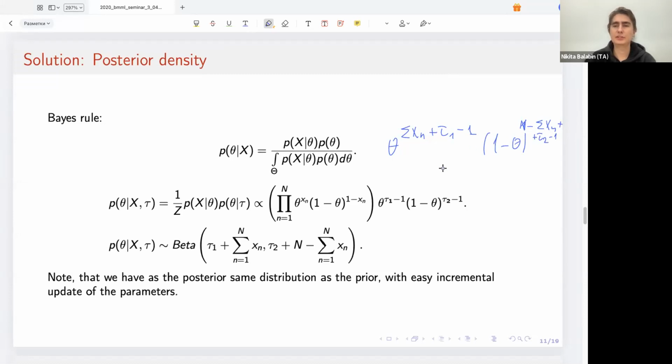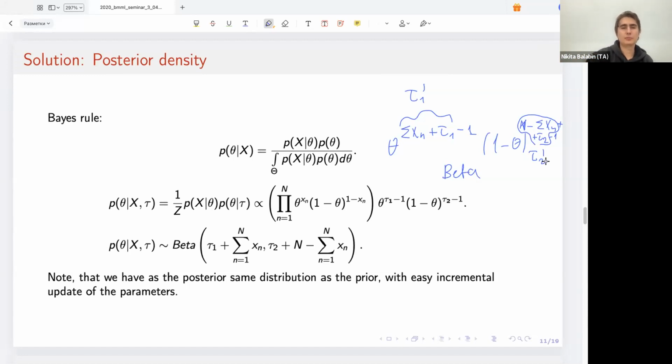And we see that it is a beta distribution, and we just updated the parameters. So here is the new tau 1, let's denote it as tau 1 prime, and here the new tau 2. So we see that in this case, the parameters are just updated when we observe some data.